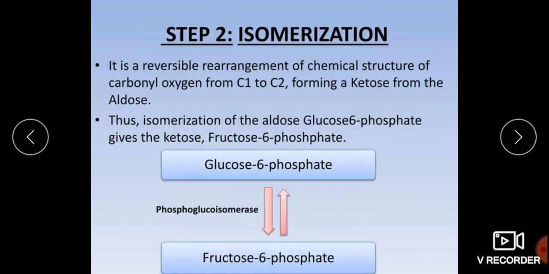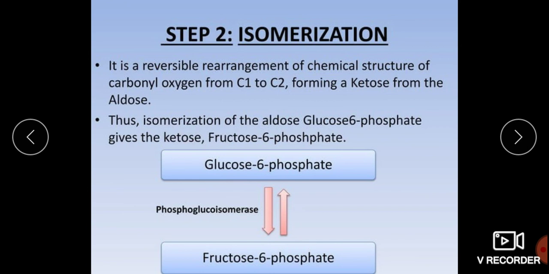Step second, isomerization. It is a reversible step, and here there is a rearrangement of the chemical structure of the carbonyl oxygen form, from carbon atom number first to second, and here the aldose form gets converted into a ketose one. This isomerization of glucose 6 phosphate gives ketose fructose 6 phosphate.